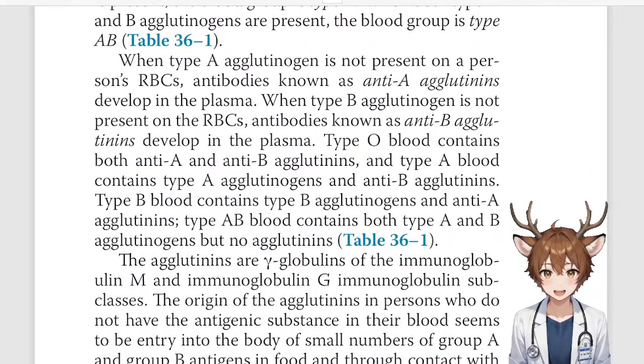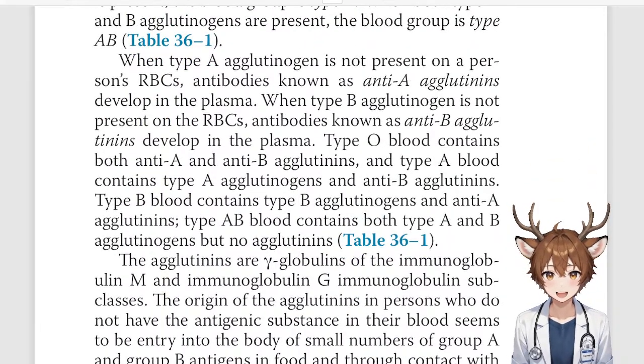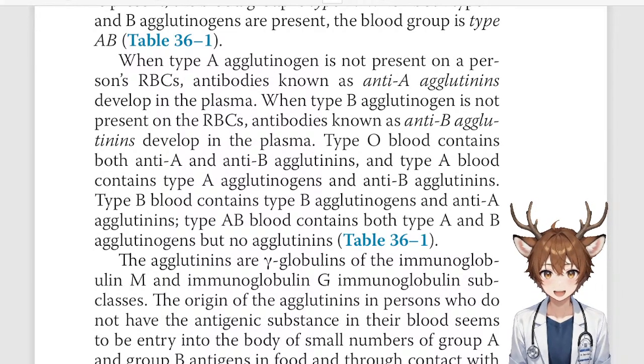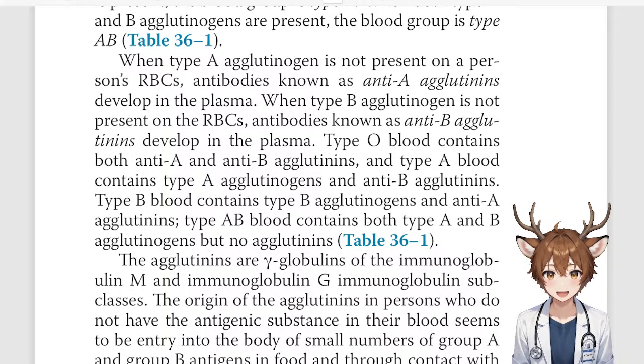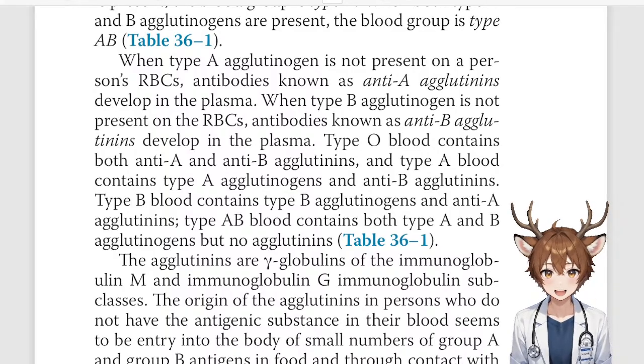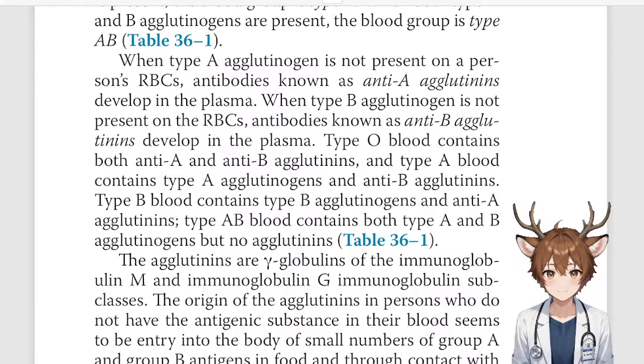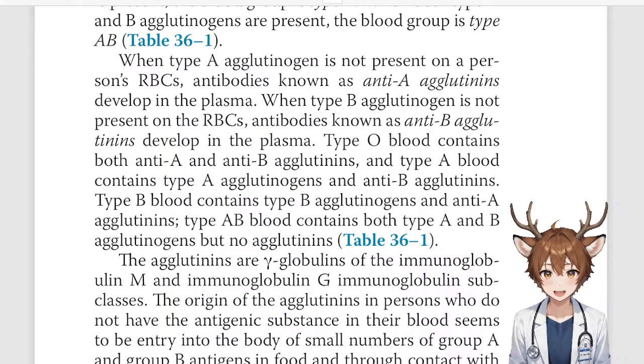When type A agglutinogen is not present on a person's RBCs, antibodies known as anti-A agglutinins develop in the blood. When type B agglutinogen is not present on the RBCs, antibodies known as anti-B agglutinins develop in the plasma.